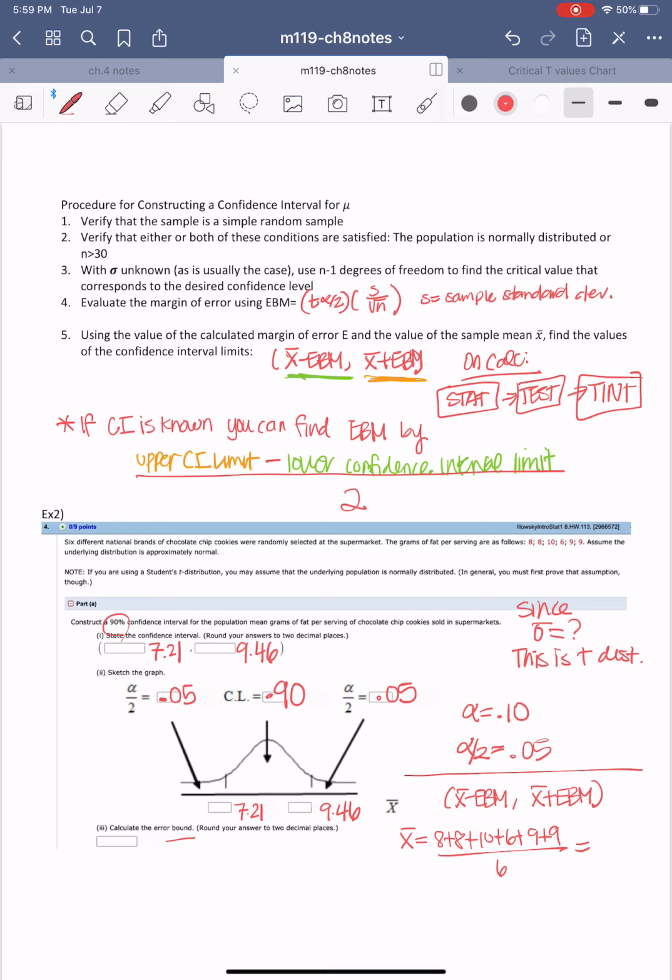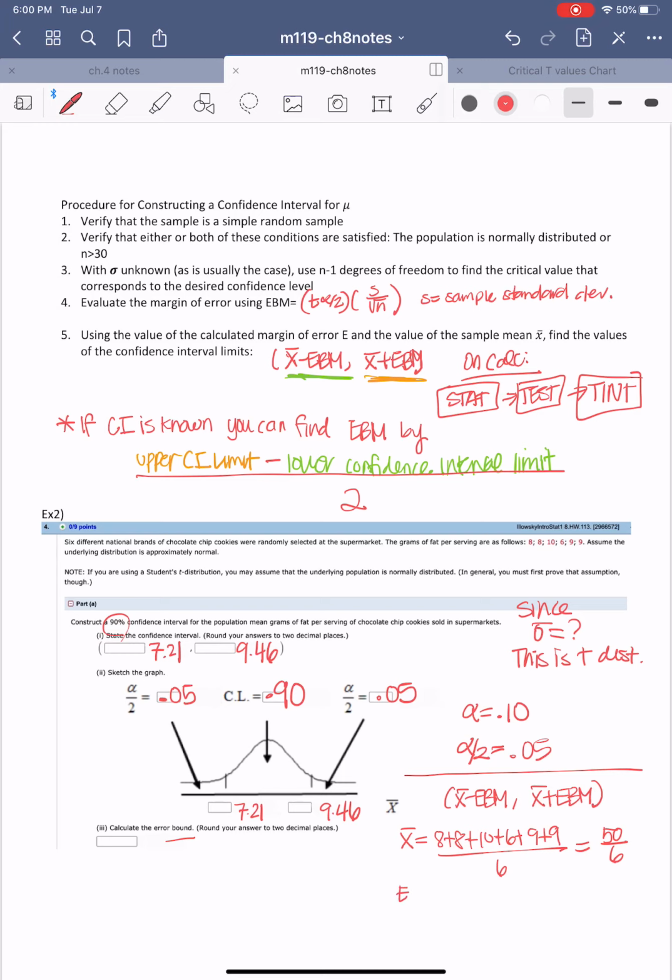I am getting 8.3 repeated. I'll keep it as 50 over 6. I don't want to round it too much.